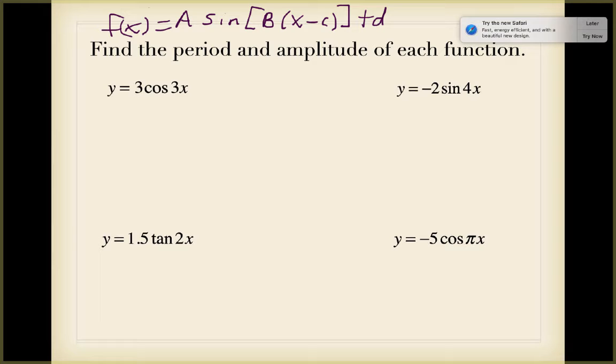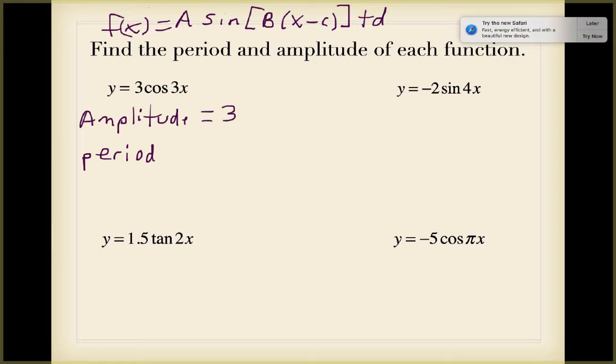So the first thing we want to find is the amplitude. And the amplitude is just the coefficient in front of cosine. It's our A, which is just 3. Then our period, we can do some things to find out what our period is. So our period is 2 pi for cosine.